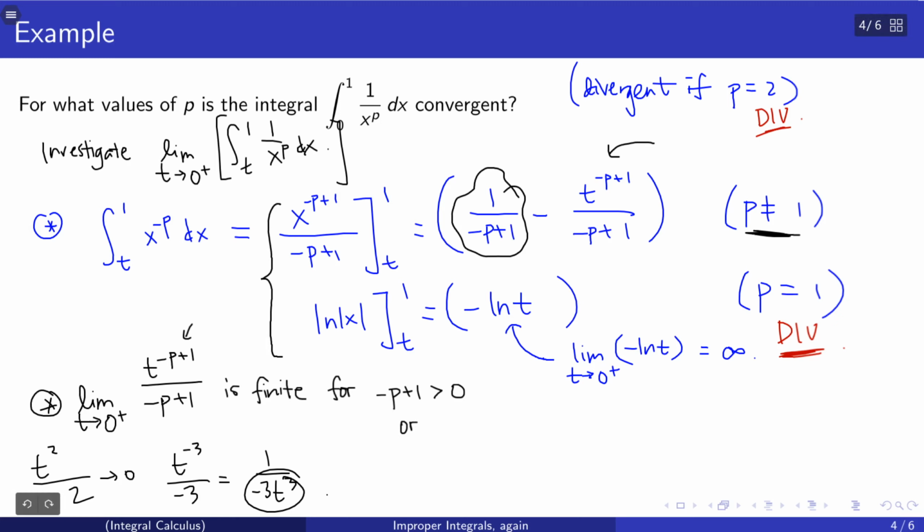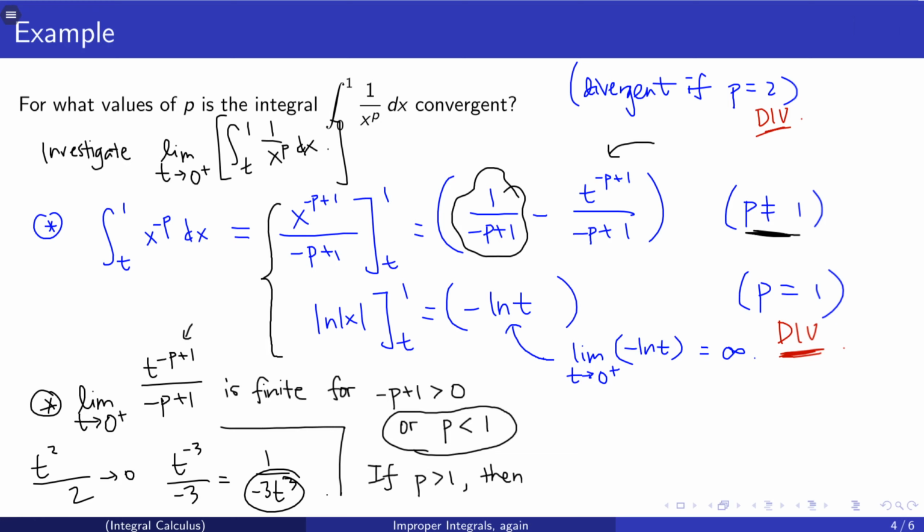And that just gives me p is less than 1. In fact, you can also check that if p is larger than 1, then what does that tell you about minus p plus 1? Then minus p plus 1 is negative. And so now you're into the second case here, where you're going to get something that goes to infinity.